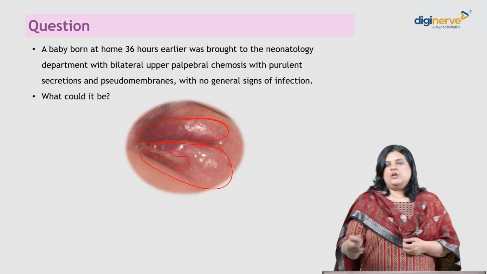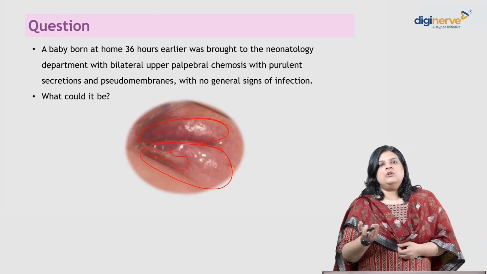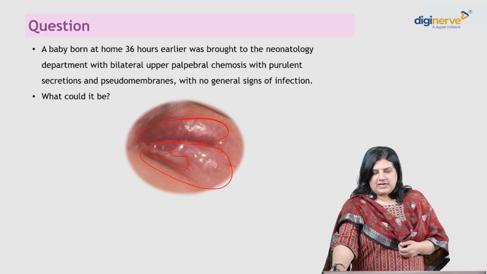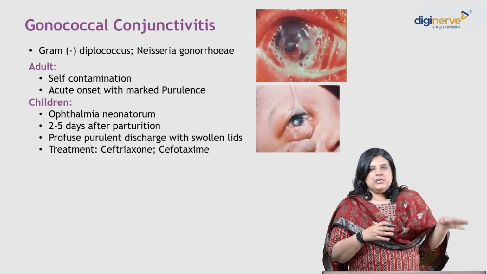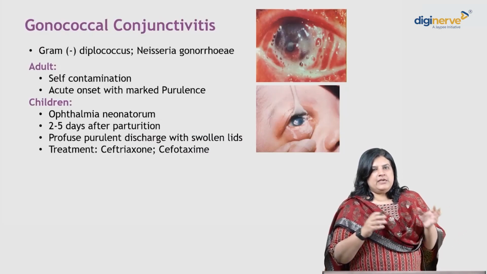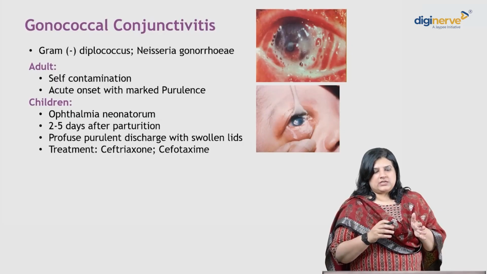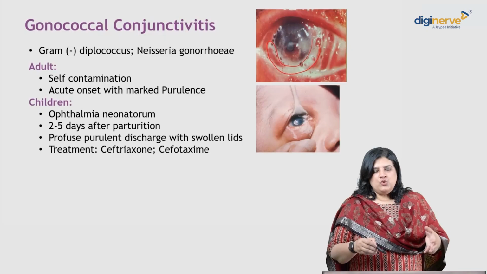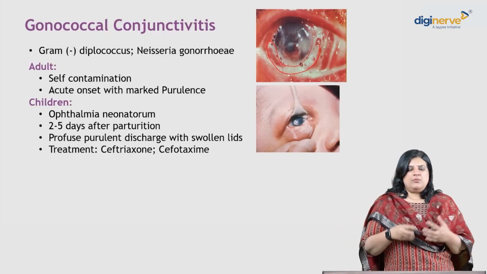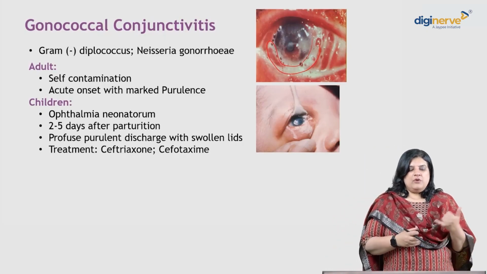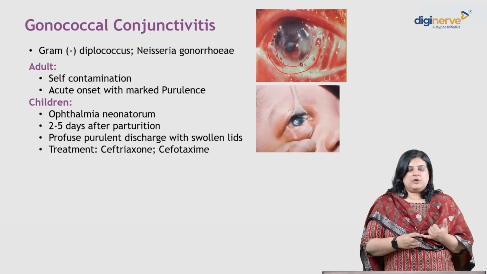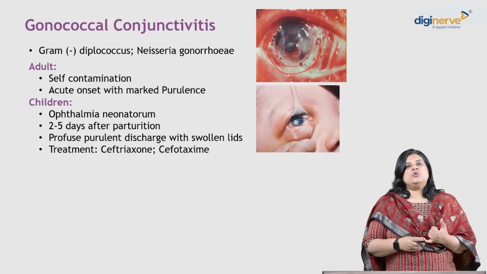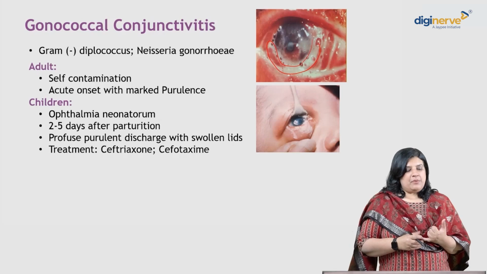Now what could it be? So you can get a question on neonatal conjunctivitis. Here this question would probably talk about gonococcal conjunctivitis because there's so much frothy discharge. So in a newborn with frothy discharge with so much edema, you would think of ophthalmia neonatorum, which is because of gonococcus. It is usually seen 2 to 5 days after parturition.